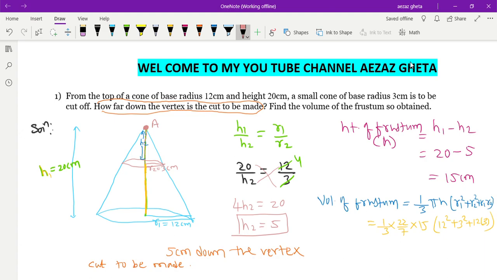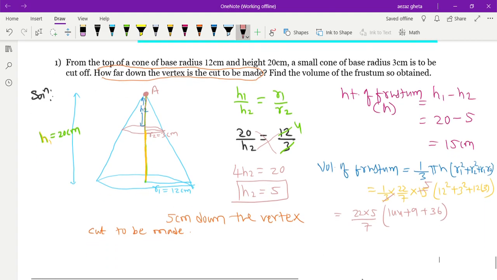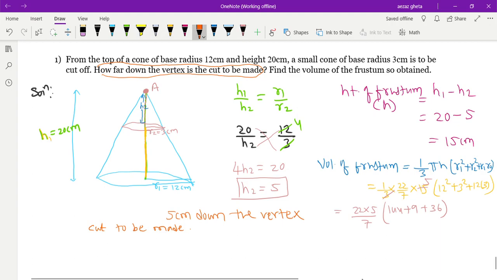We can see cancellation is not possible here, but 3 ones are 3, 3 fives are 15, yes, no doubt. 22 into 5 divided by 7, 144 plus 9 plus 36. Correct. So we need to add 144, 9 and 36, that is 189, right?